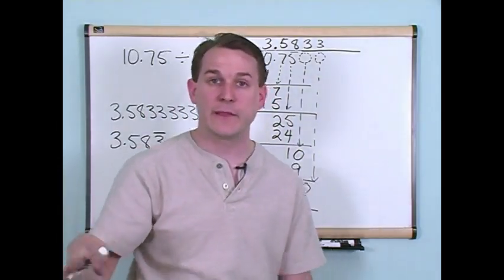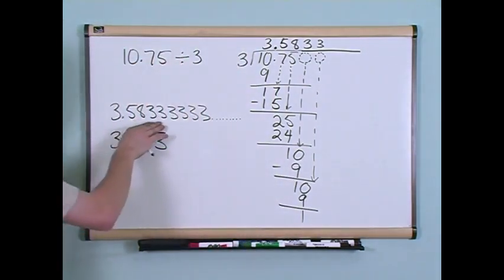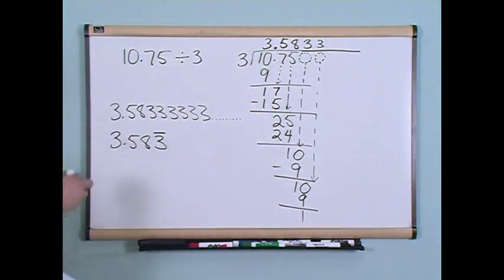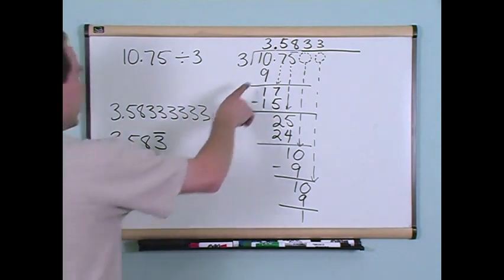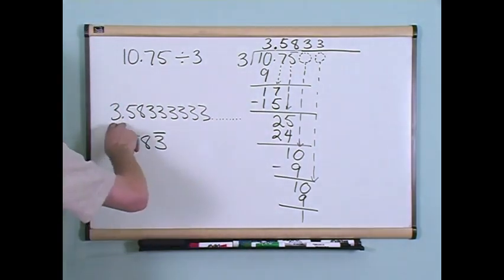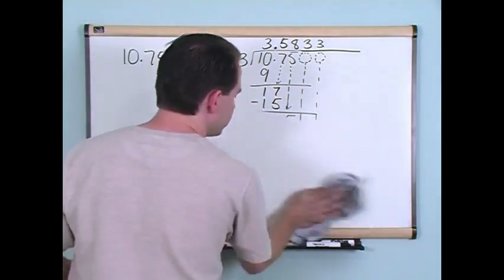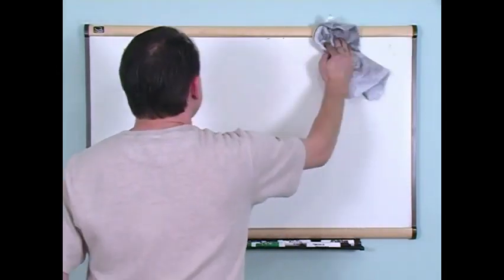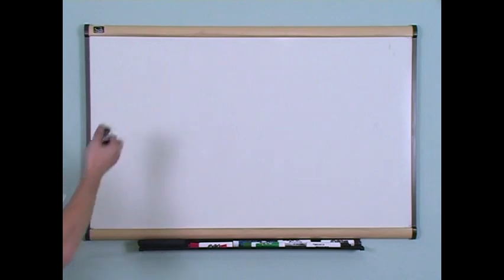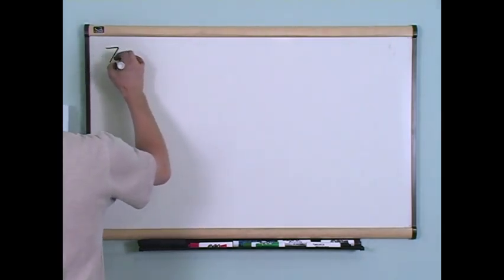You just stop and say, okay, the answer is going to have a repeating number of 3's. Now, if you were to take 10.75 in your calculator and divide by 3, you would see that the 3's go on and on forever. So just keep dividing and keep doing the rules that you know until you run into something that repeats or until the answer cleans itself up and is nice and neat.